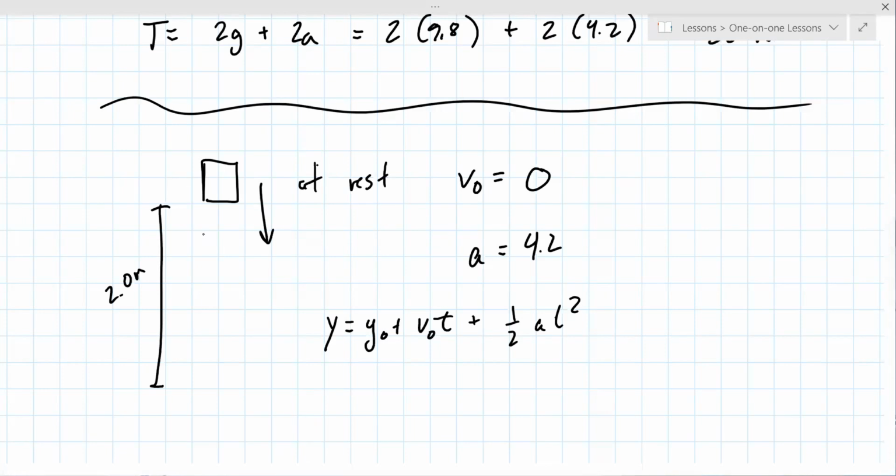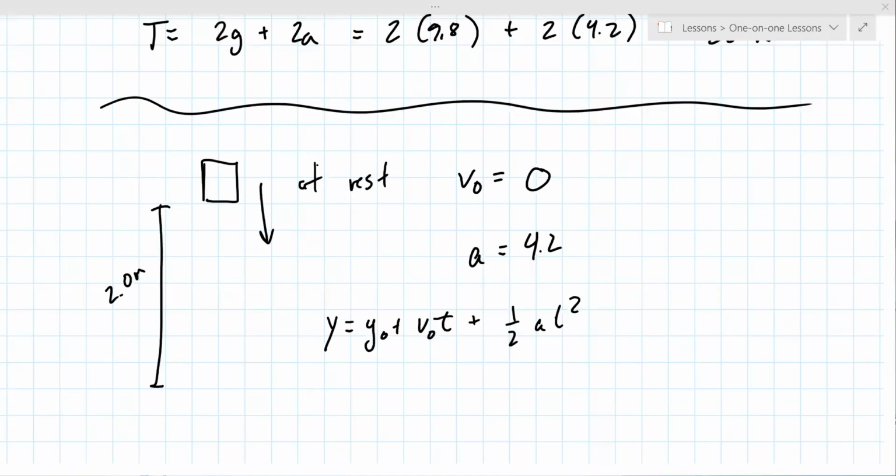The distance is 2.0 meters, and v naught is 0 because it's at rest. a is 4.2. So y equals y naught plus v naught t plus 1/2 a t squared. And is y naught 0? Yes.